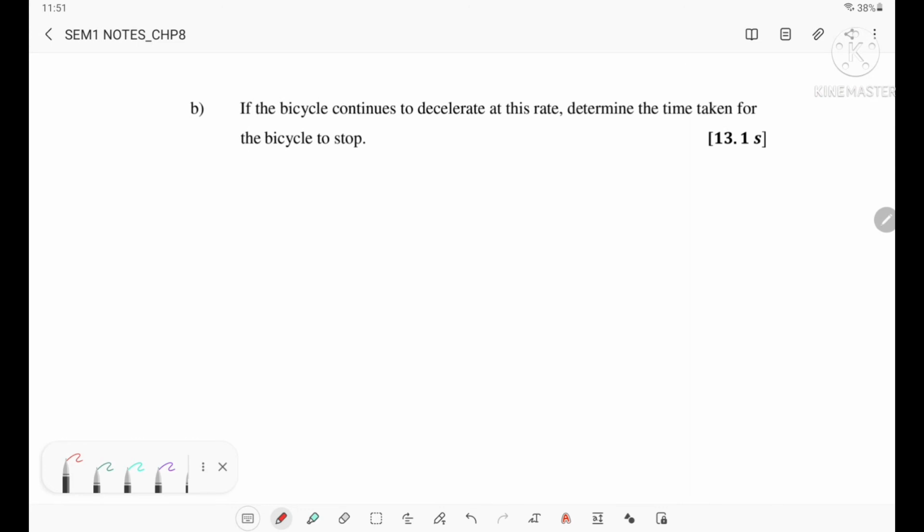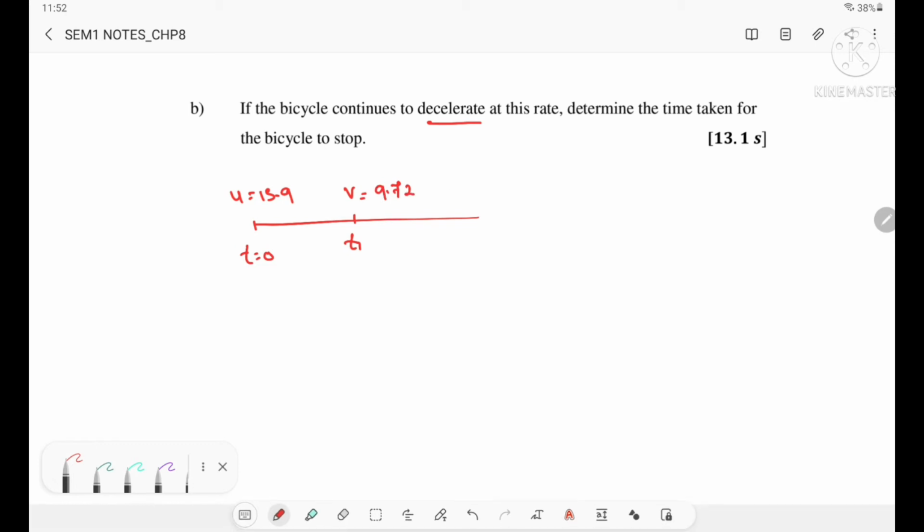Next, question B, if the bicycle continues to decelerate at this rate, determine the time taken for the bicycle to stop. For the first question, at T0, u equals 13.9 meter per second, and at T1, the final velocity we have 9.72 meter per second. So for this question, it continues to decelerate, meaning you need to calculate the extra time.